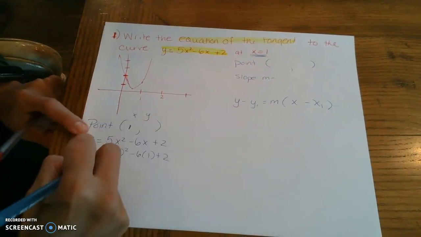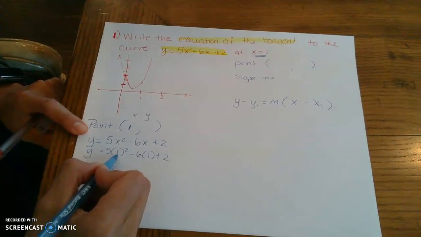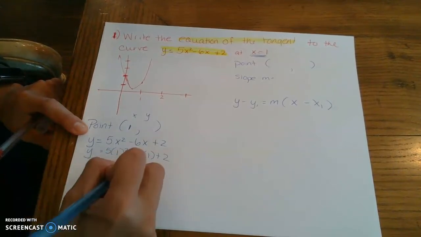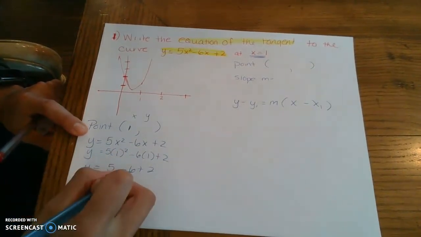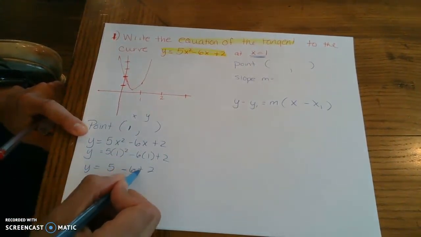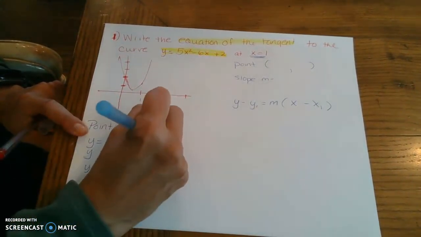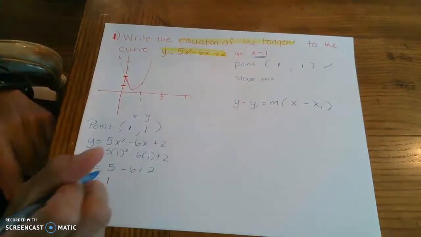And then I get y is equal to, you do exponents first, 1 squared is 1, times 5 is 5, minus 6 plus 2. Well, then y is equal to 1, because 5 minus 6 is negative 1, plus 2 is 1. So the point now is 1 comma 1. Check, I have my point.